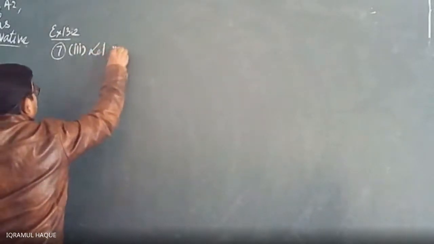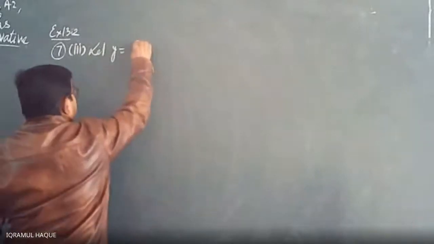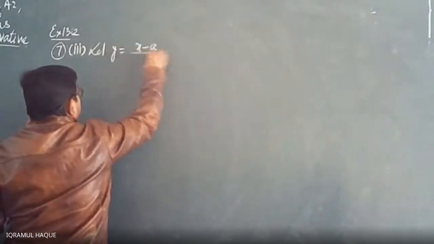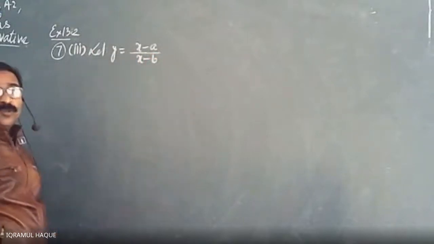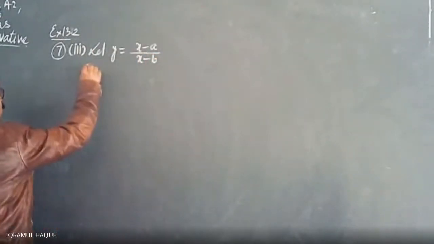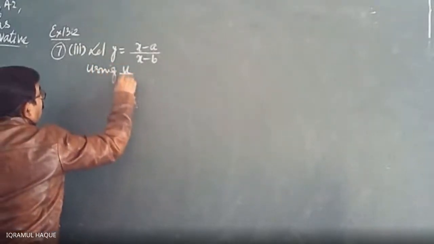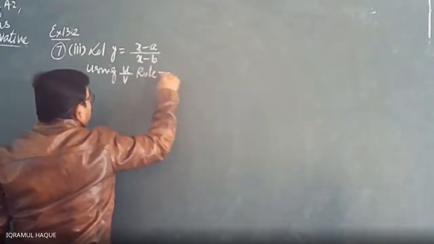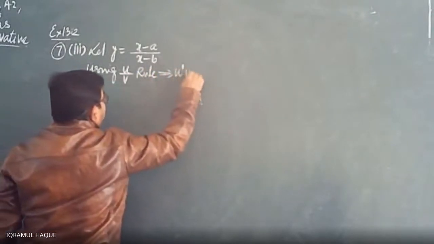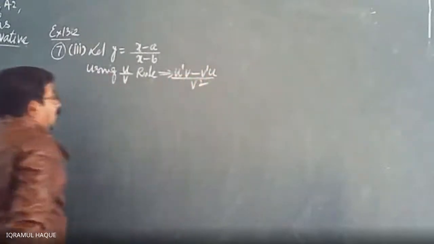let y is equal to (x minus a) upon (x minus b). So we will use the quotient rule. Using the u by v rule, that is (u dash v minus v dash u) upon v square.